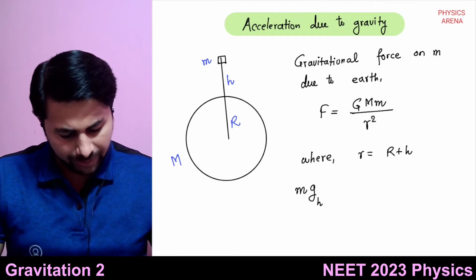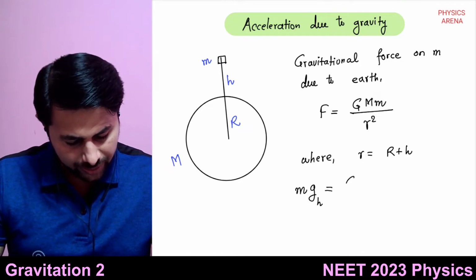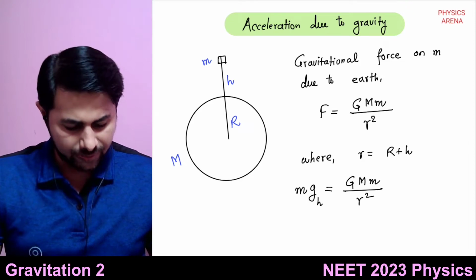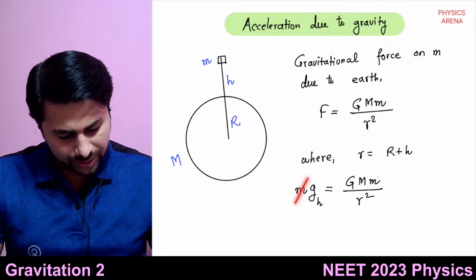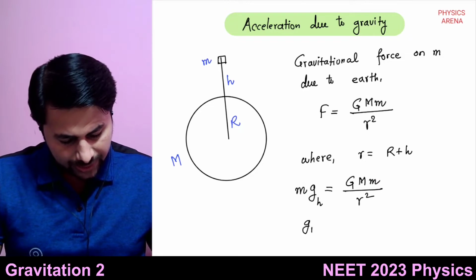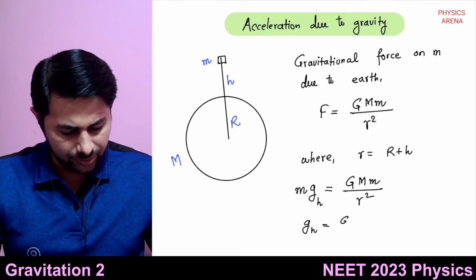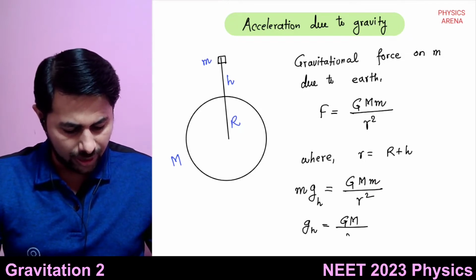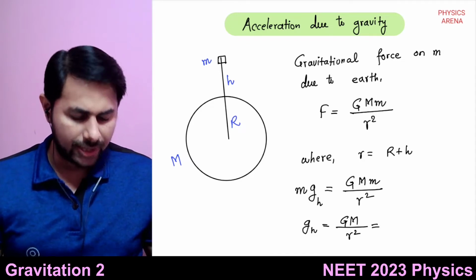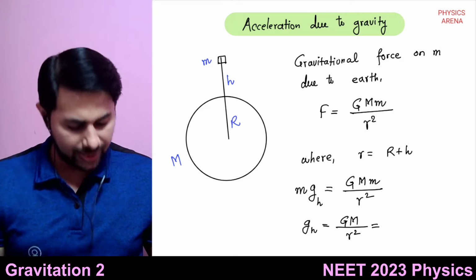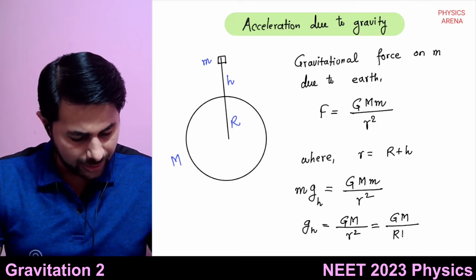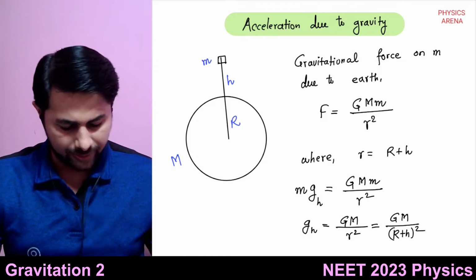So we get m times g_h is equal to G multiplied by M into m upon r square, and we can cancel out this m and m. So what do we get? g at height h is equal to G times M upon r square, or substituting small r equals capital R plus h, it is G times M upon (R plus h) square.